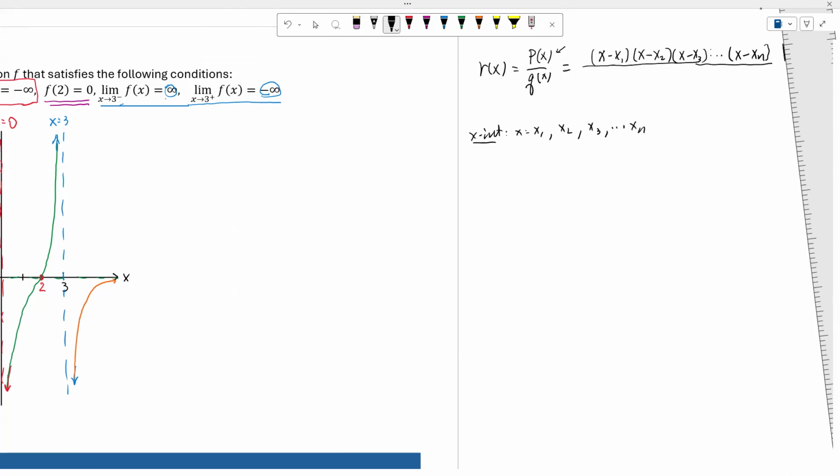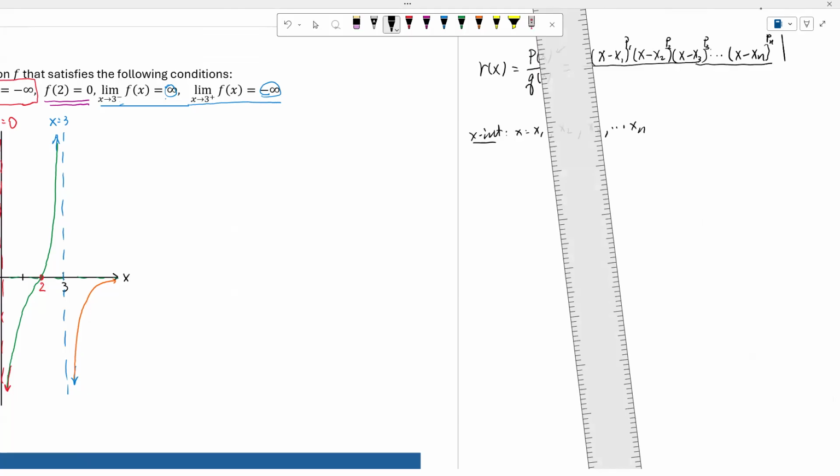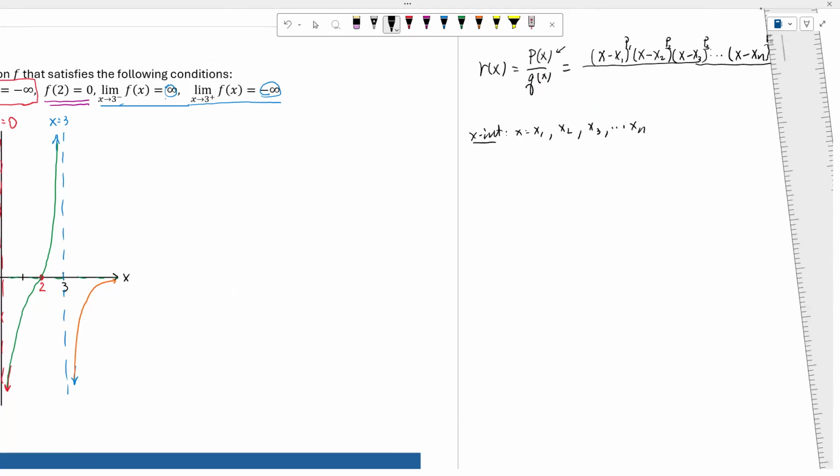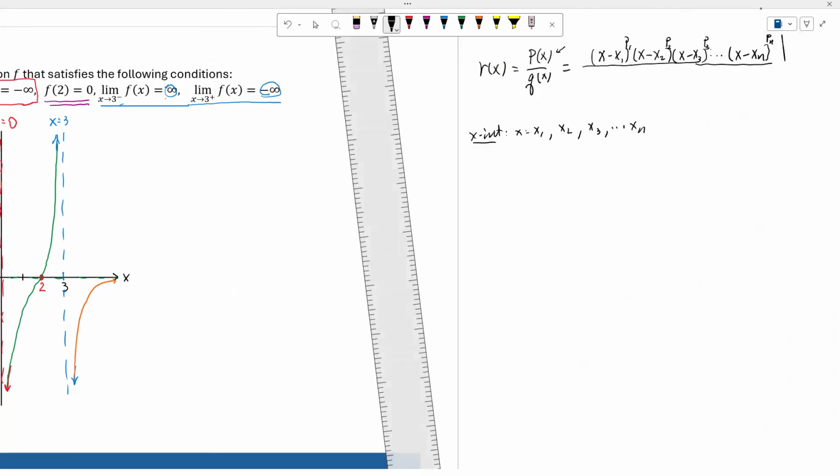And then to each factor, we also have a power. And how do we determine the power? If the power is equal to 1, 3, 5, okay.